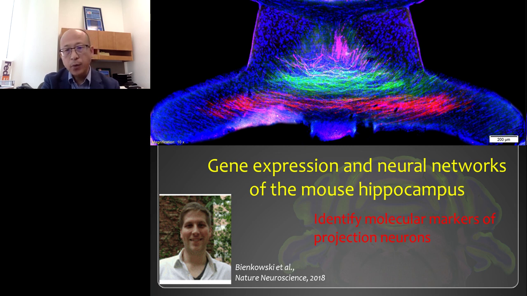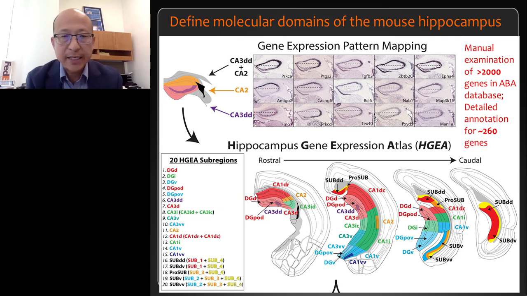For this paper, a little bit different is that we also looked at how the connectivity relates to gene expression patterns. So the general strategy is we systematically analyzed about 2,000 genes from the Allen Brain Atlas database, looking at each individual component of the hippocampus. For example, CA2 here, which genes are expressed in CA2 and which genes in the different segments of CA3, CA1, and subiculum.